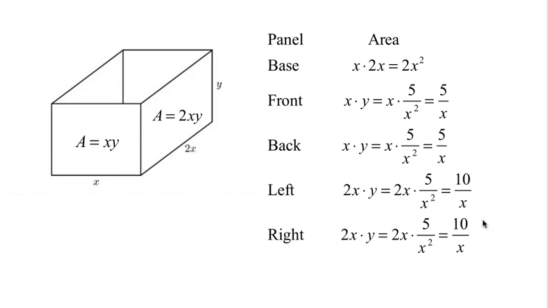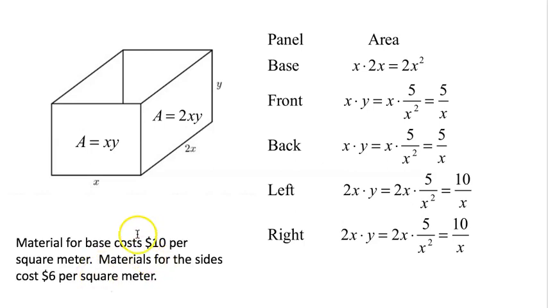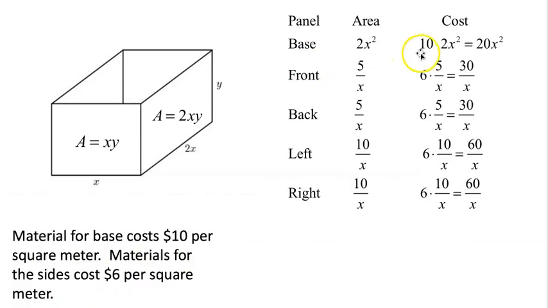That's going to go ahead and give us the total cost for each of the 5 panels. So what's that going to look like? Again, material for the base is $10 per square meter, materials for the sides, $6 per square meter. So $10 per square meter times 2x squared square meters gives me 20x squared dollars is the cost of the base.